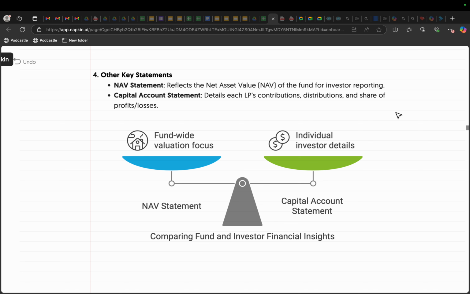So it depends on the requirement. And a capital account can also be prepared for each LP's contribution, distribution, and share of profit and losses. So this is how reporting comes into the picture, and we prepare and update it in the books of funds. All right. So that's all I wanted to discuss in this module.